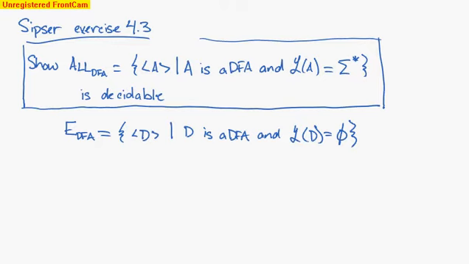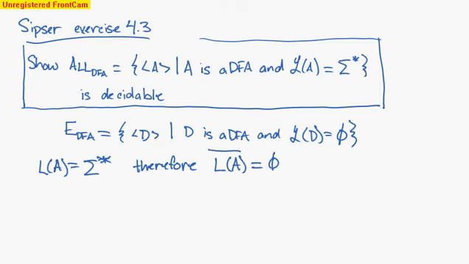Let's think about it. If you have a language A in ALL_DFA, it has to have every single string, so the opposite of that language will contain nothing. So the language of A is all strings, therefore its complement must contain nothing.